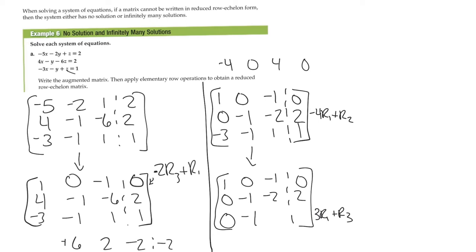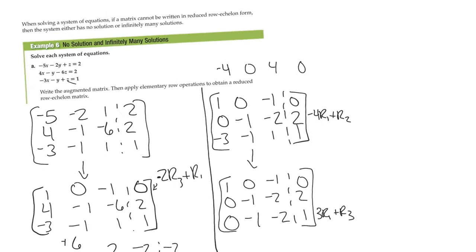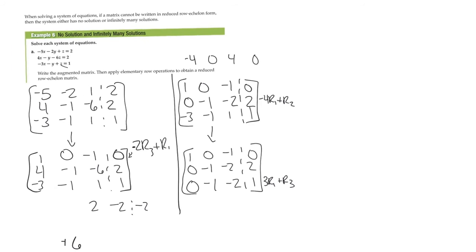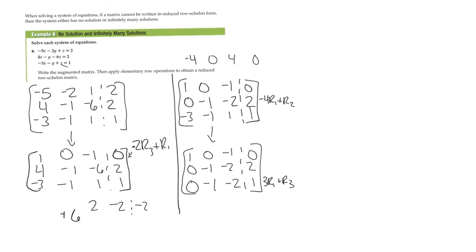Still -1. And then that is -3 plus 1, -2. And I still have 1 there. Okay, so we have now taken care of those 2 zeros that go with that leading 1.